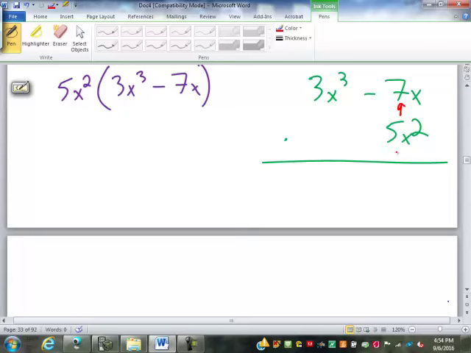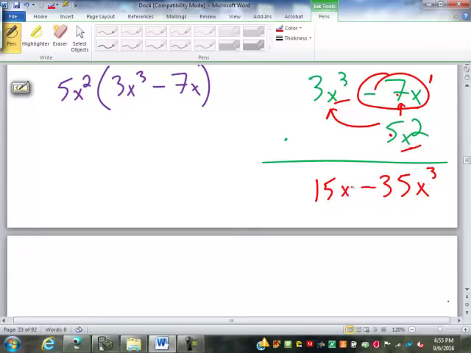Say no. What is it really times? Negative 7x. So combining the counts, 5 times negative 7 is negative 35. Then x squared times x is x to the third. Think of that as being x to the 1, so 2 plus 1 is 3. 5x squared times 3x to the third, what's 5 times 3? 15. X squared times x to the third, x to the fifth. 2 plus 3 is 5. Any questions?